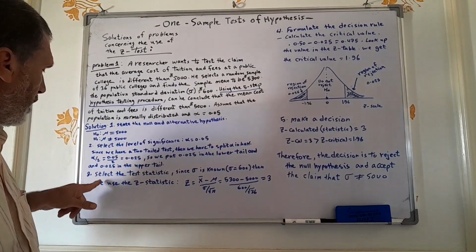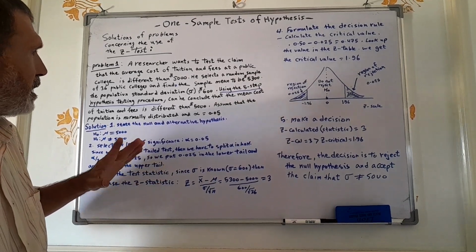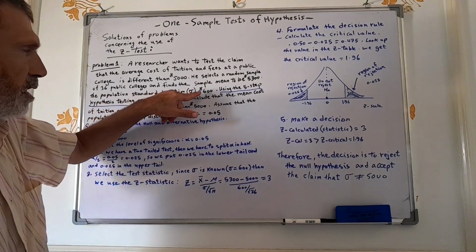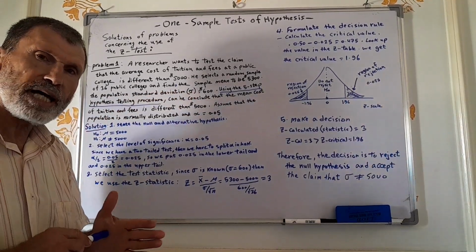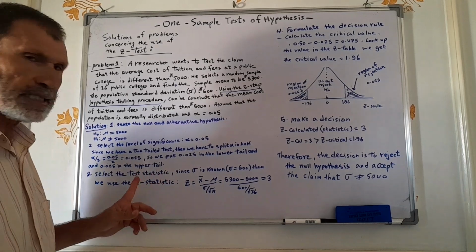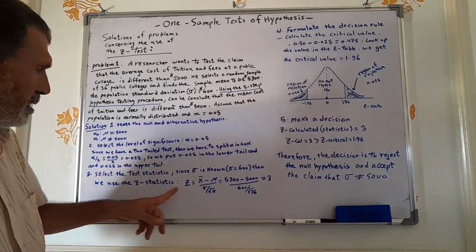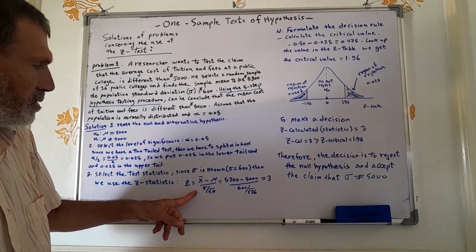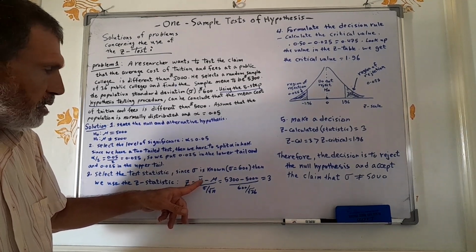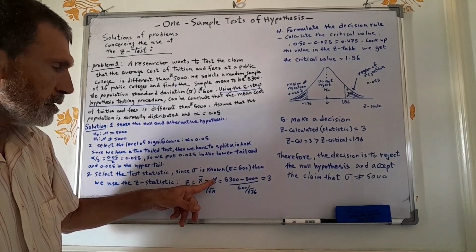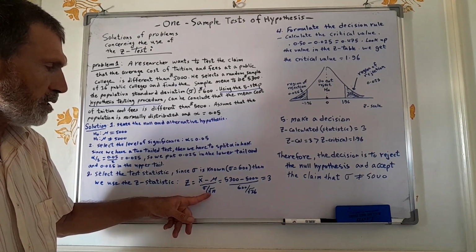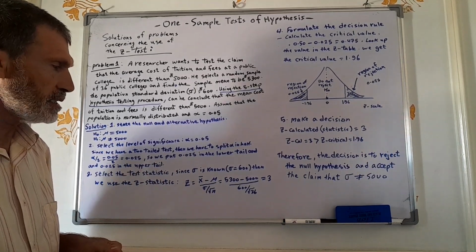Okay? Now we select the test statistic. Remember, since sigma is known, which is equal to $600, then we're going to use the Z statistic. So Z calculated is calculated using this formula: Z equals X bar, the mean of the sample, minus mu, the mean of the population, over sigma, the standard deviation of the population, over the square root of n, where n is the sample size.